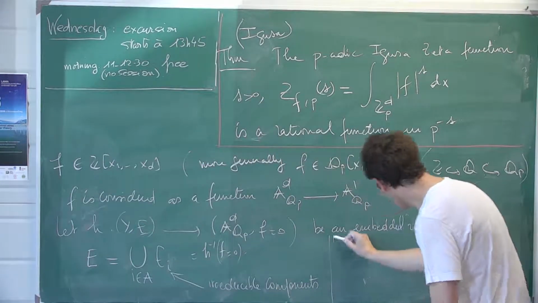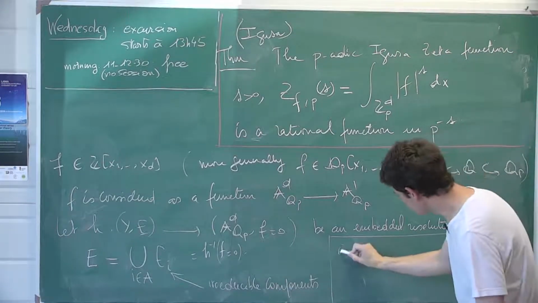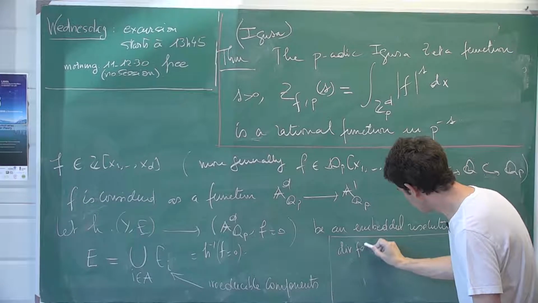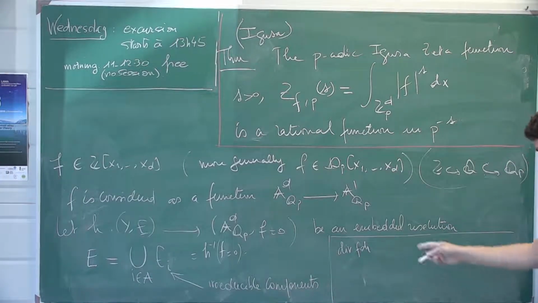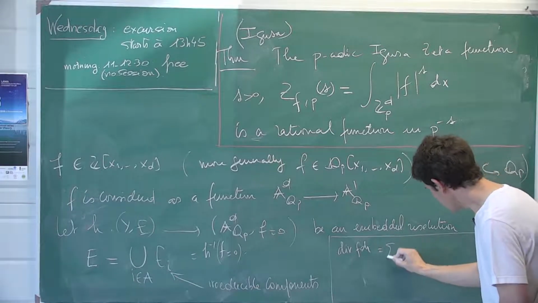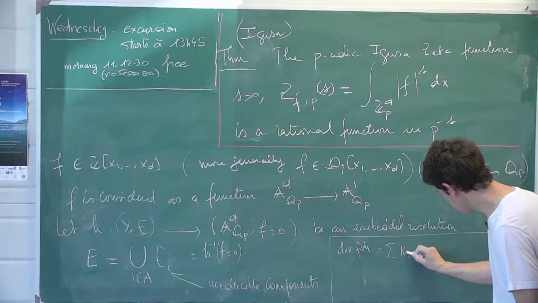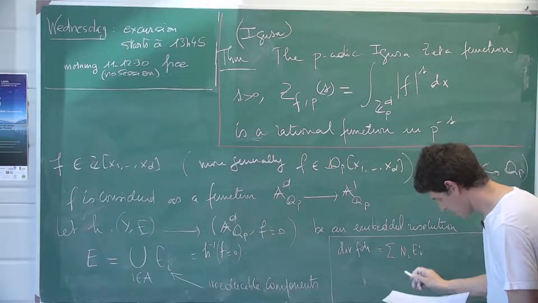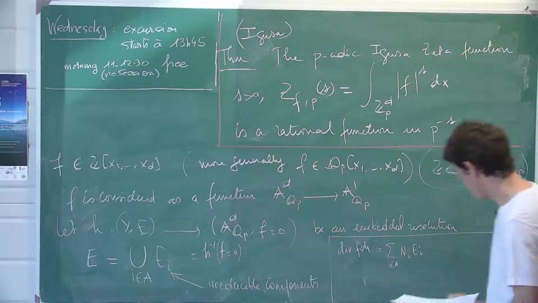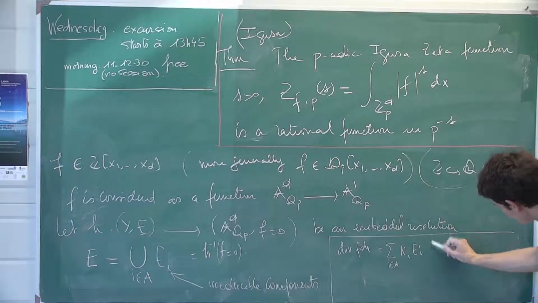And then, as we have seen in the previous example, the divisor attached to f composed with h has some multiplicities. So usually it is written like this.